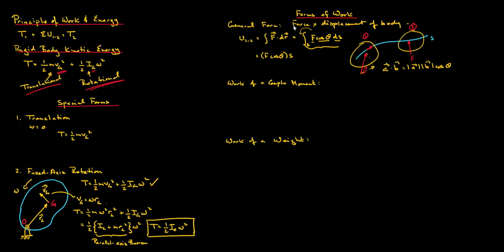Now let's consider the work of a couple moment. Okay, so let's say we have a rigid body, and let's draw a line here, and let's say that we have a moment M which induces a certain angular displacement theta.